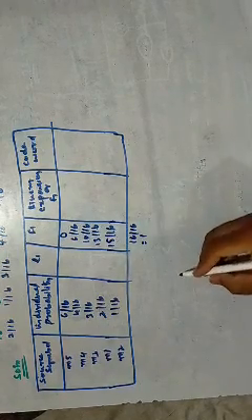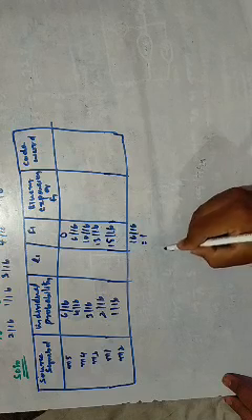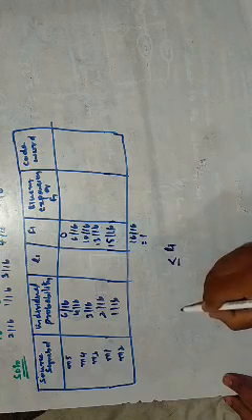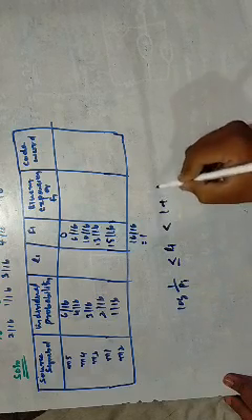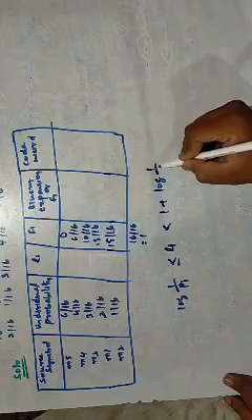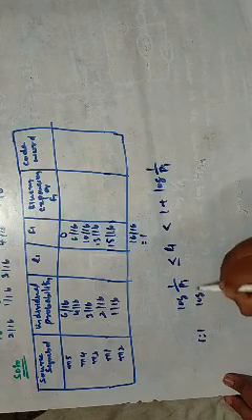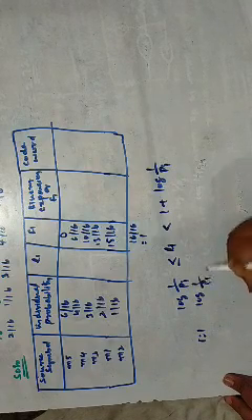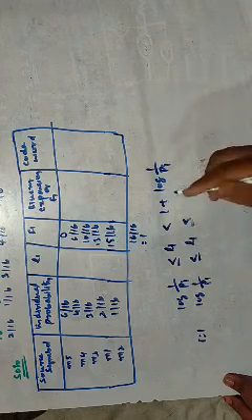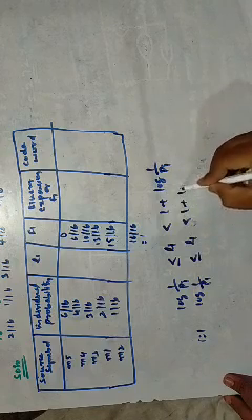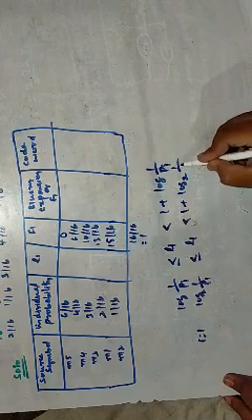We can find the length of the code word for each symbol by the formula log 1 upon Pi less than or equal to Li less than 1 plus log 1 upon Pi. Where i is equal to 1, log 1 upon P1 is less than or equal to L1 less than 1 plus log to the base 2 of 1 upon P1.